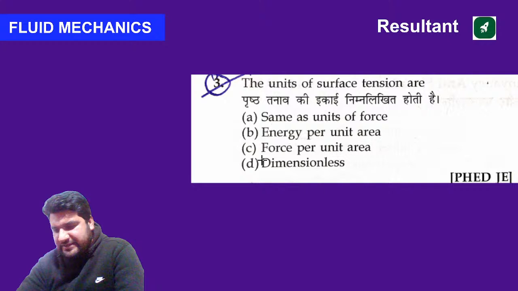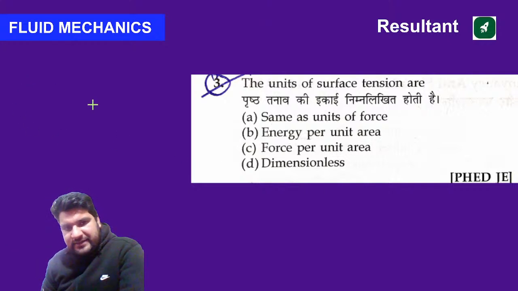So what is surface tension? Surface tension is defined as force per unit length, denoted by sigma. Force per unit length, so it should be Newton per meter.